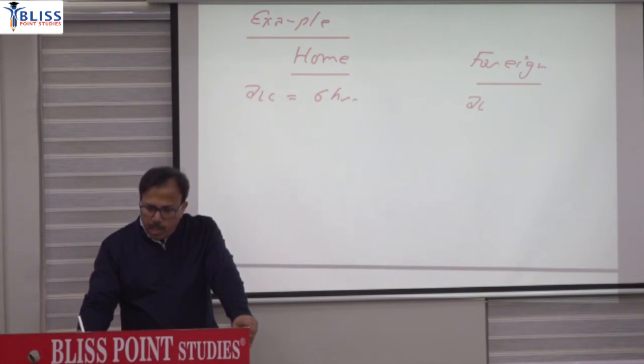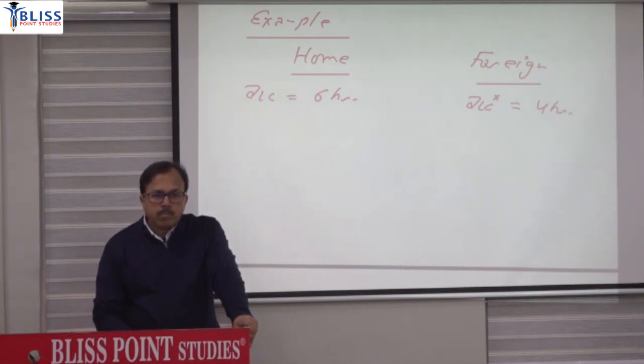In foreign country, ALC star is 4 hours. It means what? To produce 1 unit of cheese in home country, it will take 6 hours, and in foreign country, it will take 4. So which country has advantage? Foreign country can produce the same quantity in less time, so foreign country has advantage.